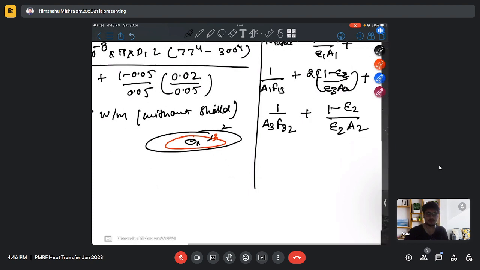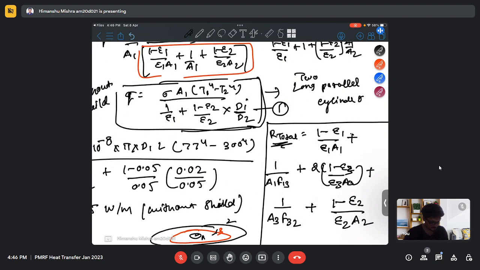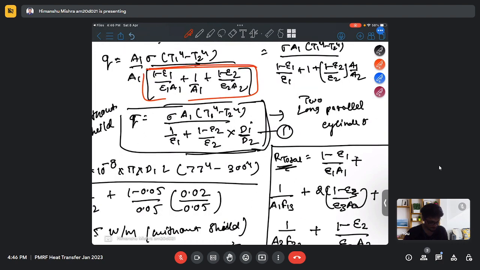So this is my modified resistance. We need to put this resistance here inside this red box.